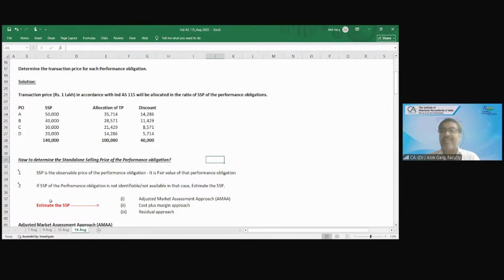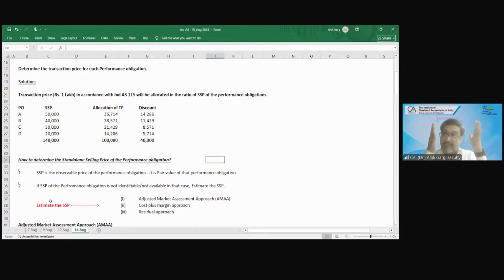If you have the standalone selling price, you have to apply the mathematics which my daughter is learning in class 7: unitary method, ratio, proportion. So you need to apply the mathematics of class 7.